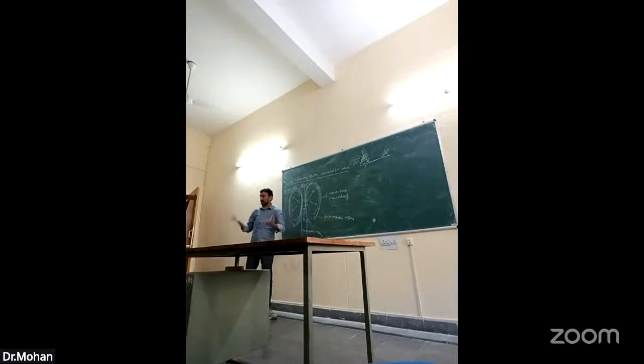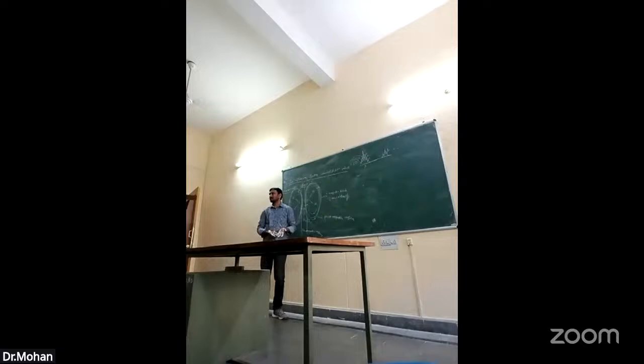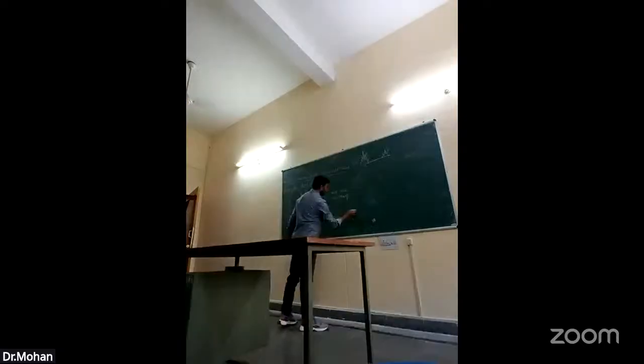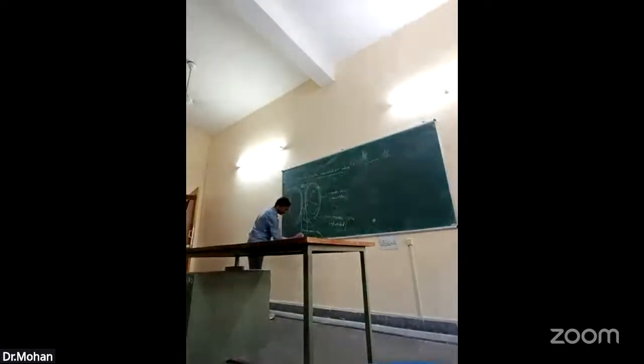If any atom falls in the paramagnetic region, it will be deshielded, that means higher delta, and any atom that falls in the diamagnetic region will be shielded.